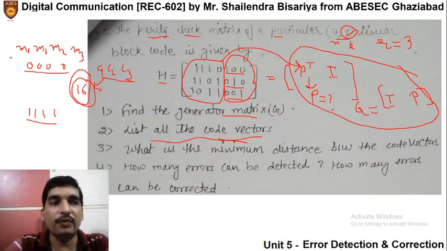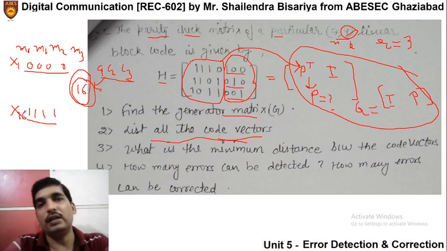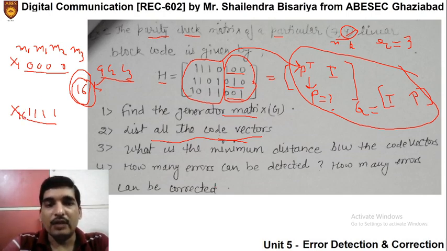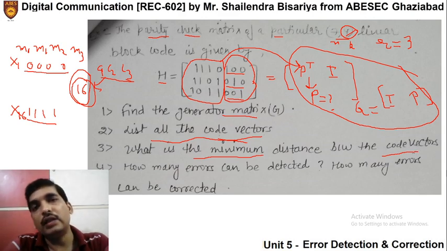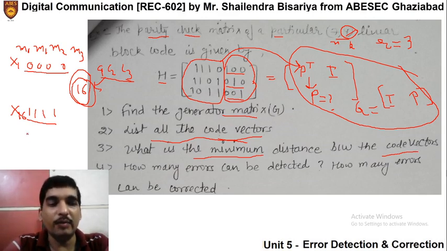In this manner we will find all the code vectors from x1 up to x16, as we discussed in the last class. Then the next part is, what is the minimum distance between the code vectors? I told you at the start of the class about d minimum.